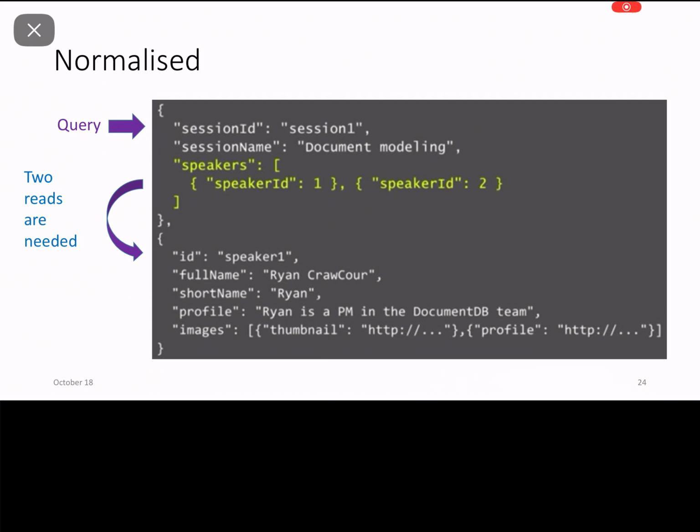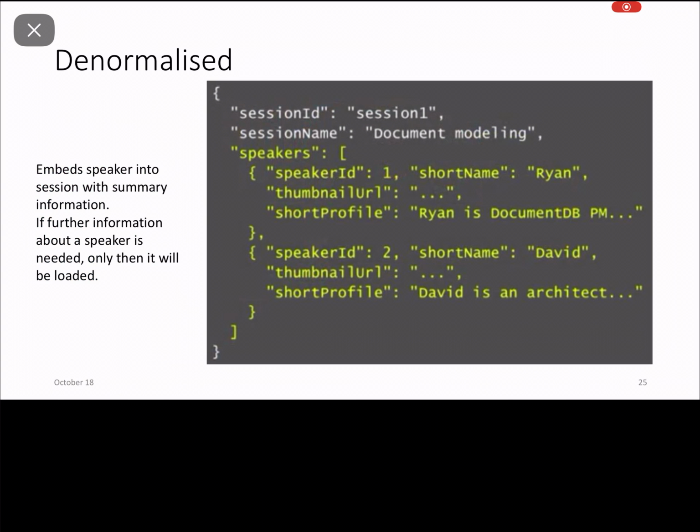This is an example. If you perform a normalization on a document, you need to have 2 reads, one reading the session, another one the speaker, and you need to do a join or referencing. But in this situation, if you were to denormalize it, you can embed the information of the speakers into the session, and you need to query only one place, and there are no joins.